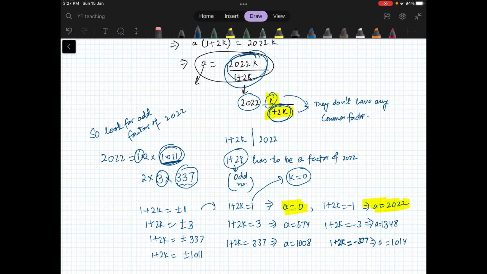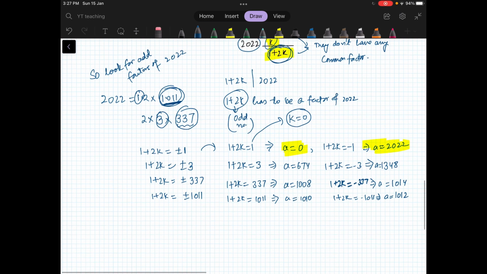And when 1 plus 2k is equal to 1011, I'll get my a is equal to 1010, and when 1 plus 2k is equal to minus 1011, I'll get my a is equal to 1012.